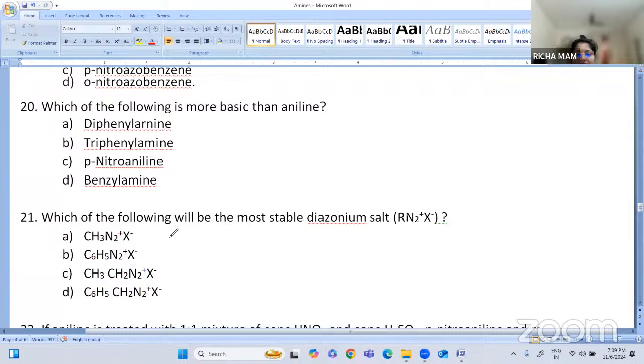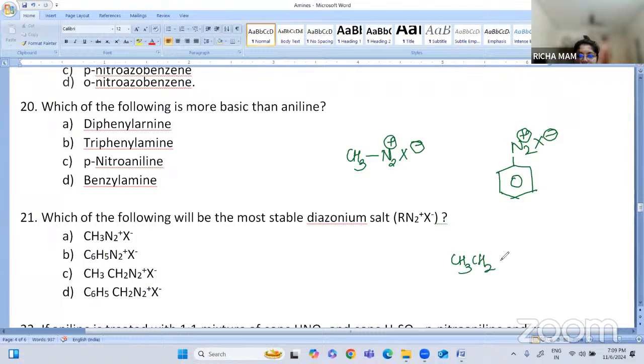Next question. Which of the following will be the most stable diazonium salt? Methyl N2+ X-, then benzene N2+ X-, then CH3CH2 N2+ X-, then C6H5CH2 N2+ X-.